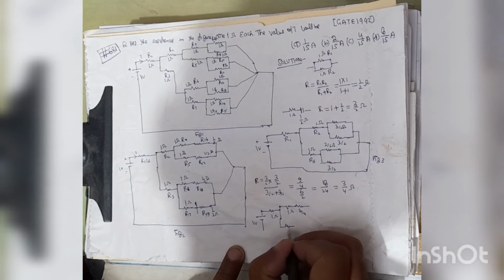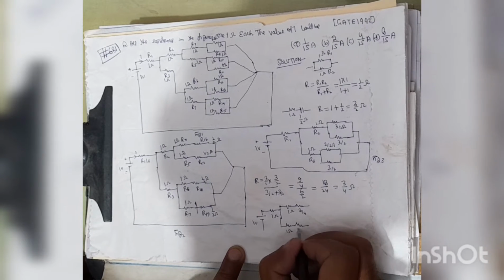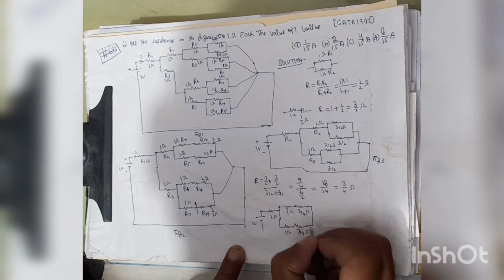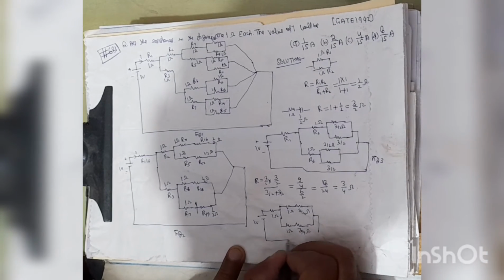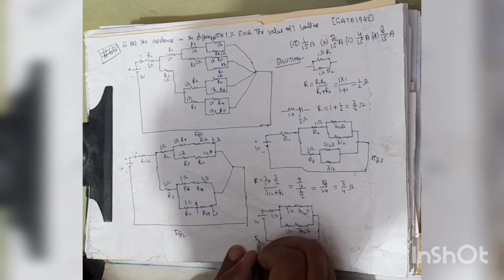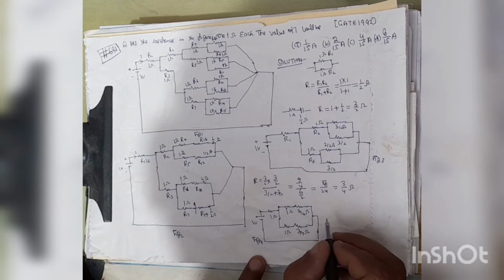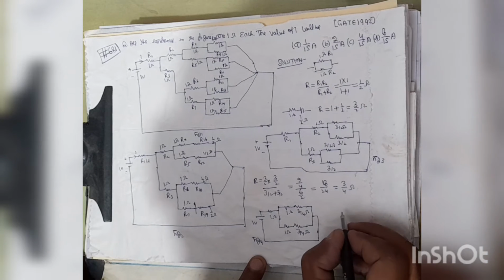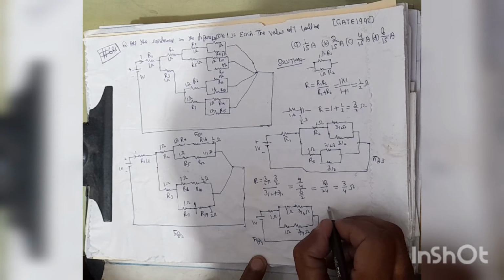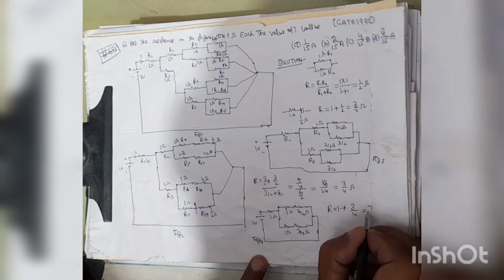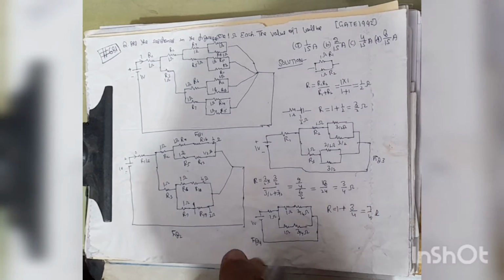Similarly here, this is 1 ohm in series with 3/4 ohm. So we may write it as figure 4. Now the series combination of 1 ohm and 3/4 ohm may be written as R equals 1 plus 3/4, so it will be 7/4 ohm.